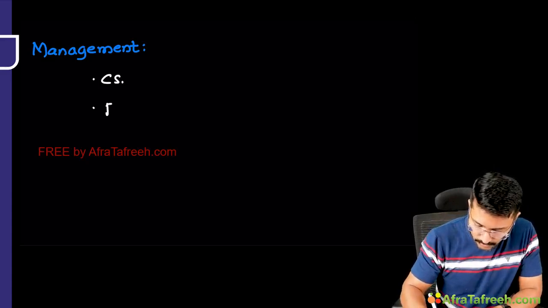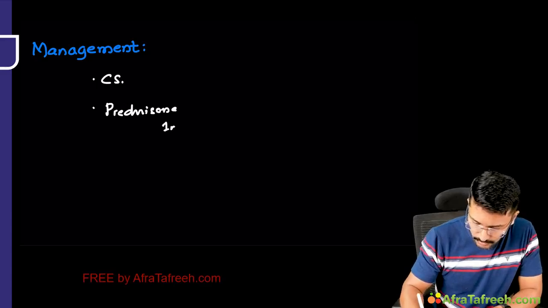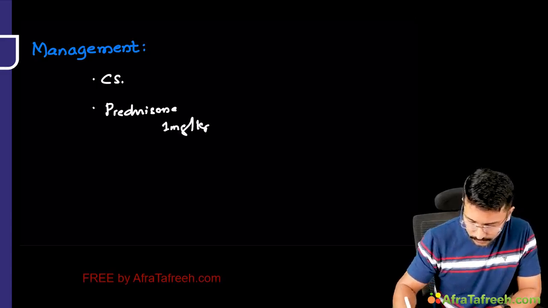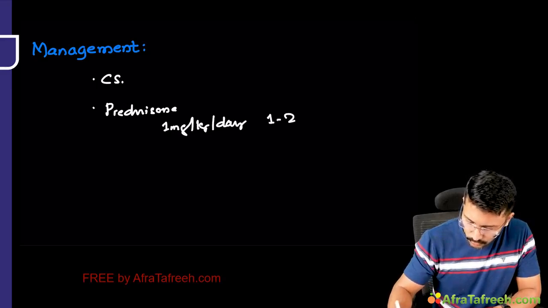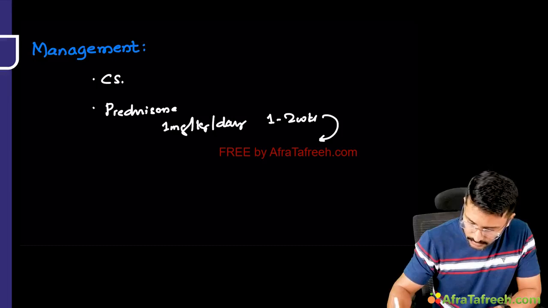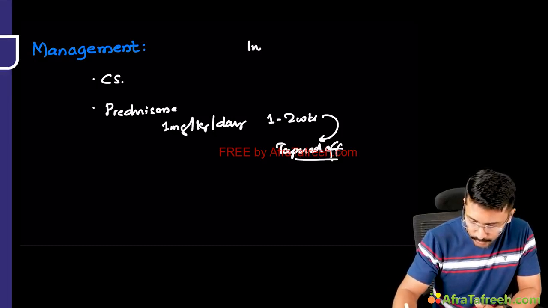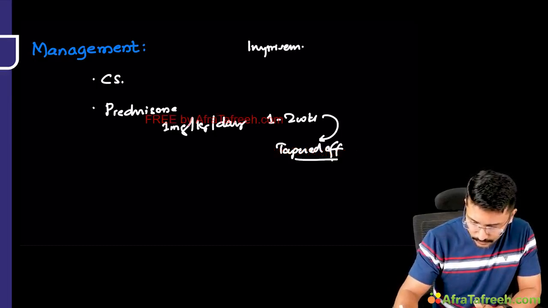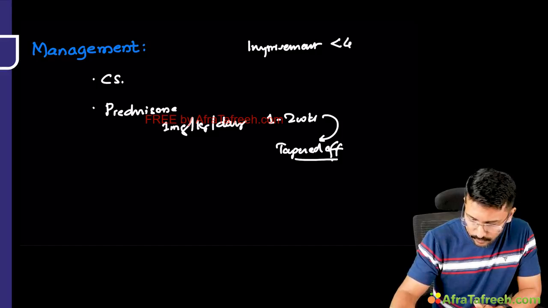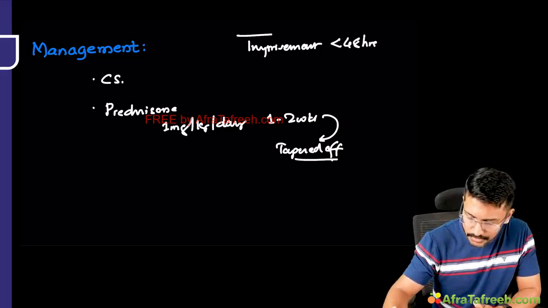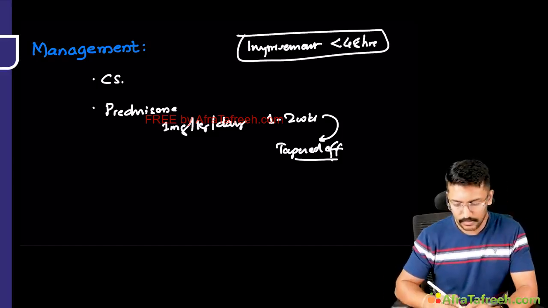Generally, we use prednisolone or prednisone, 1 milligram per kg per day. We give it for 1 to 2 weeks and then it is tapered off. Here also improvement is expected within 48 hours. Within 48 hours of initiation of the steroids, we start seeing the improvement.